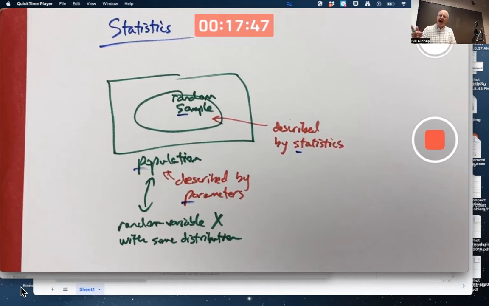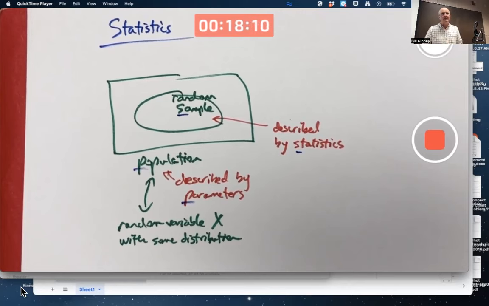Nobody knows, but maybe we try to make a guess, make an assumption, make a model, assume it's got a normal distribution, which is the most common model, or maybe an exponential distribution, or maybe a chi-squared distribution, gamma in general.